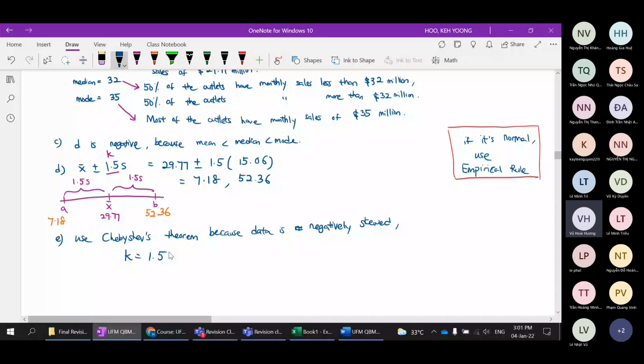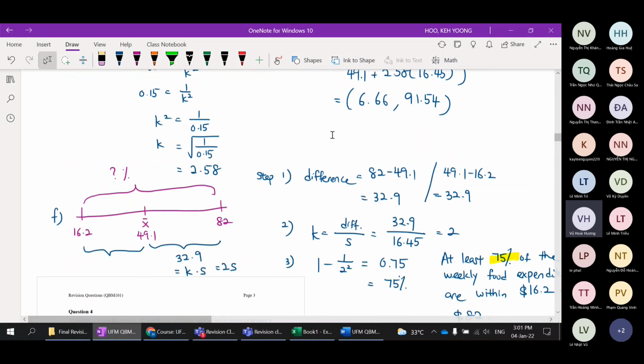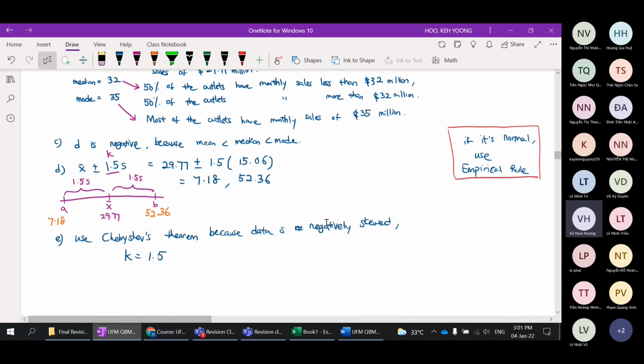We don't have to find the difference and then find k again like in question F. Because from question D, we already know that these two values are 1.5 standard deviations away from the mean in the middle. So k is 1.5 here.